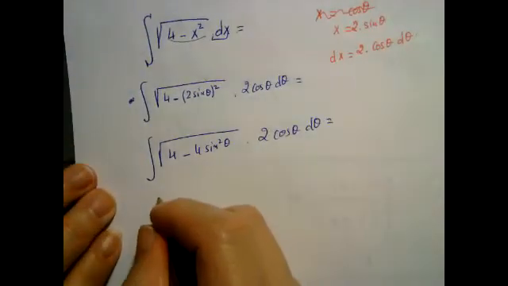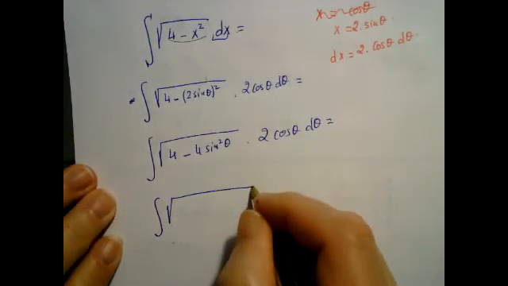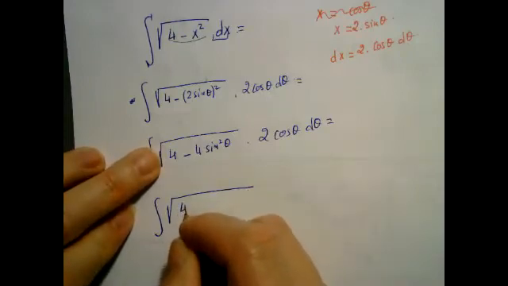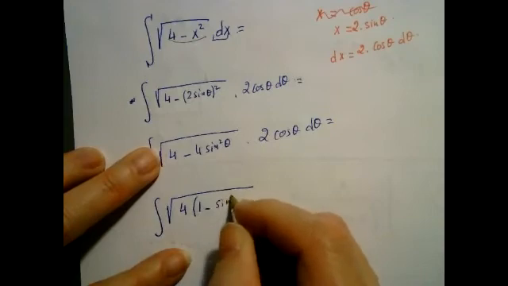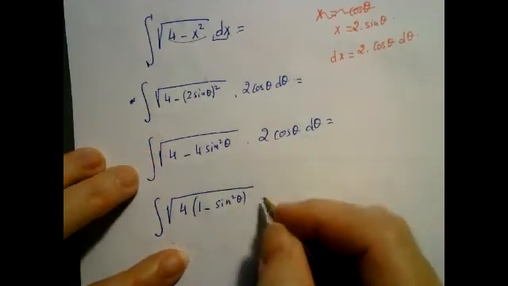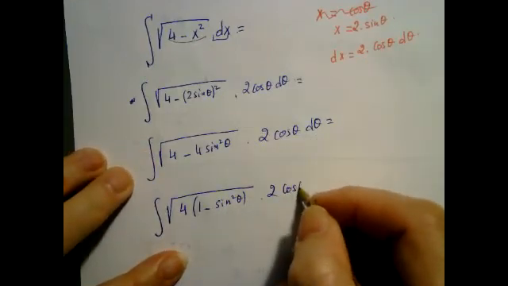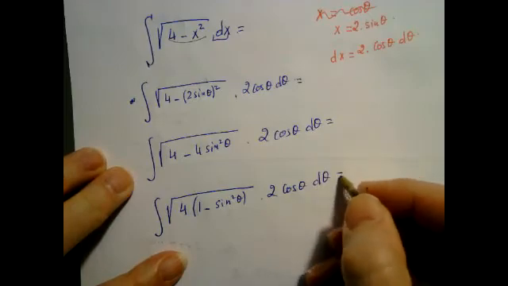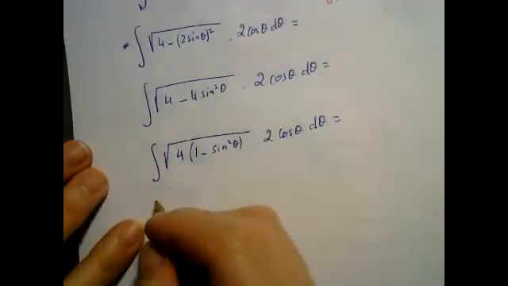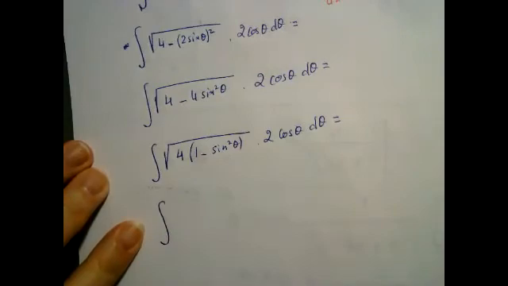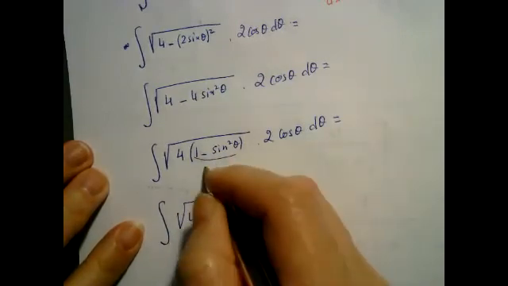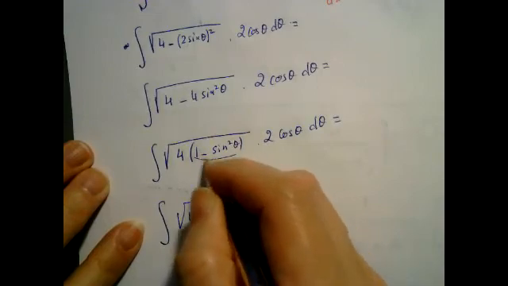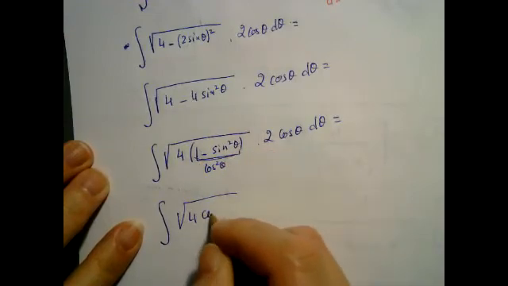And this would give me the following. I can factor out my 4. So as you realize, at this stage, we actually repeat what we did. Once we know the right substitution, we're done. Kind of. All right. So this will be the square root of 4 times cosine squared. Now I am safe.